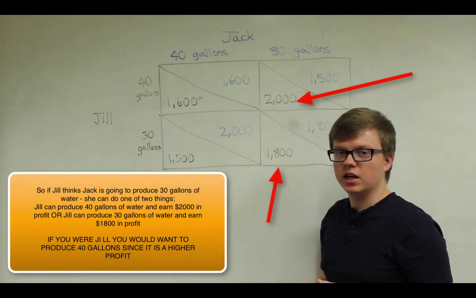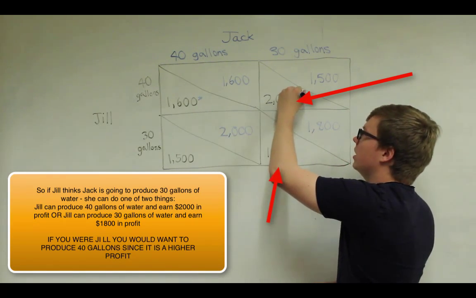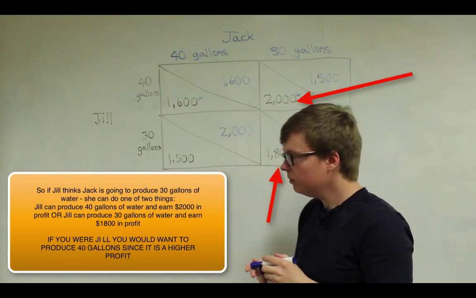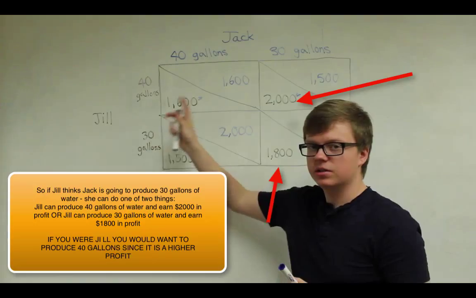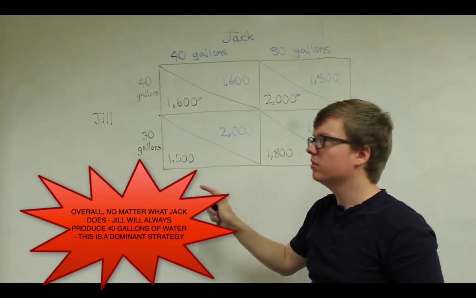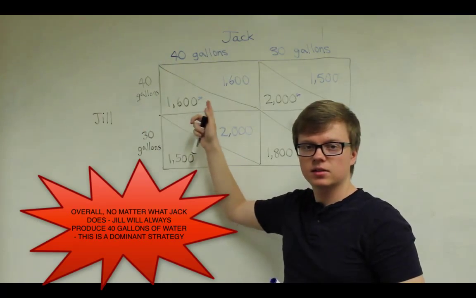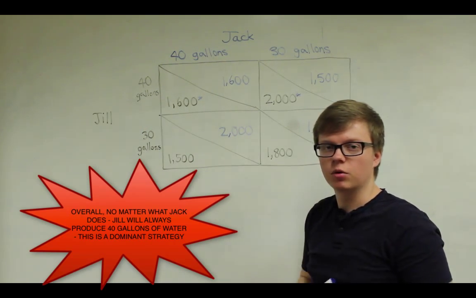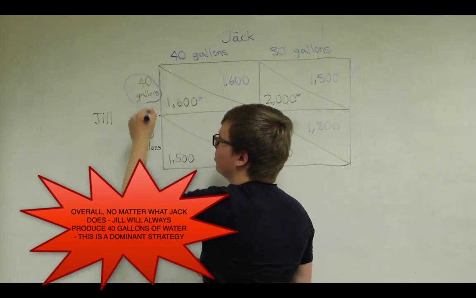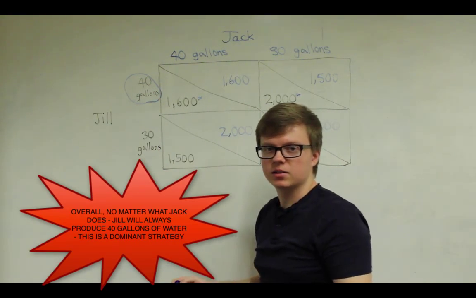Again, she gets the higher profit by selling 40 gallons and getting the $2,000 profit. So you'll notice that no matter what Jack does, it's best for Jill to sell 40 gallons because either way she makes more profit. So 40 gallons is a dominant strategy for Jill.